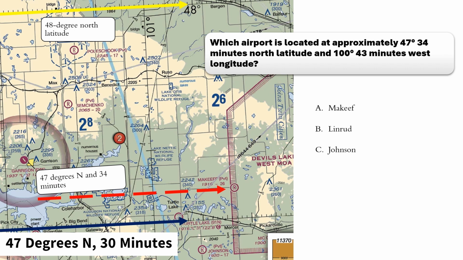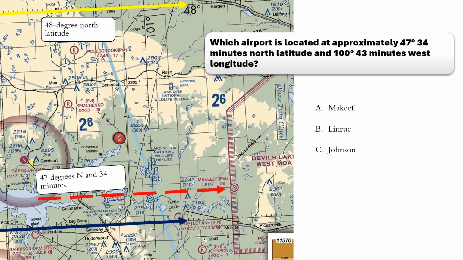Since the question is asking which airport is located at 47 degrees and 34 minutes north, just count 4 tick marks up from the blue line to find the right latitude line. This is illustrated by the red arrow. To find the longitude line, first find the 101-degree line of longitude.